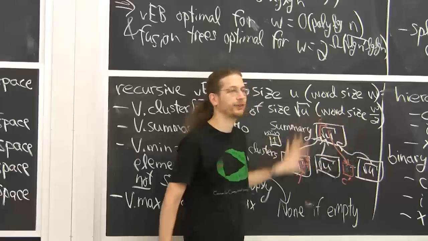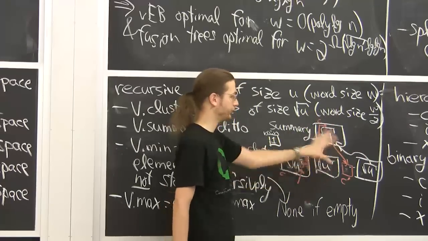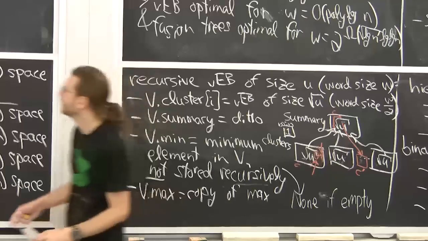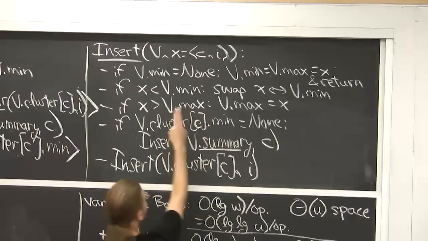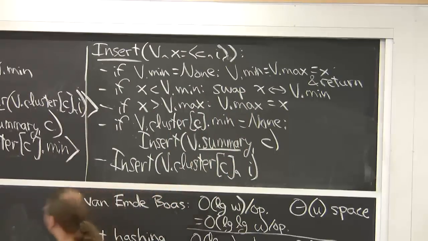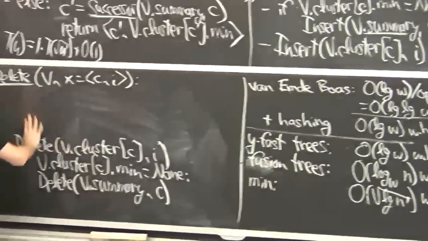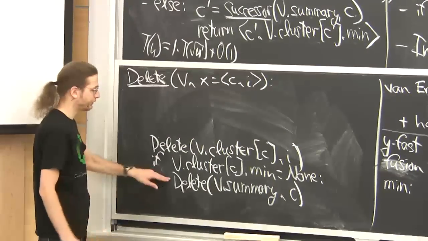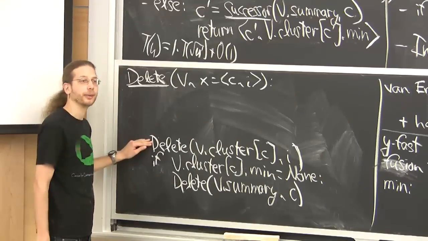Everything below it, all the recursive structures will be empty if there's only one item, because it will be right here. You can check that from the insertion. If it was empty, all we did was change v.min and v.max. So the inverse, which I won't write here, is just to clear out v.min and v.max. So if this ends up happening, this only took constant time.